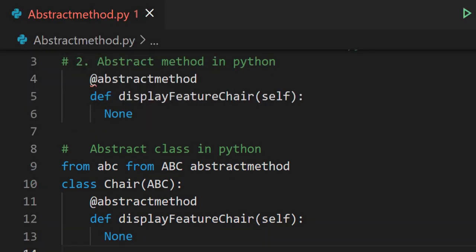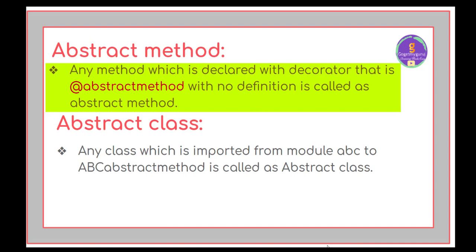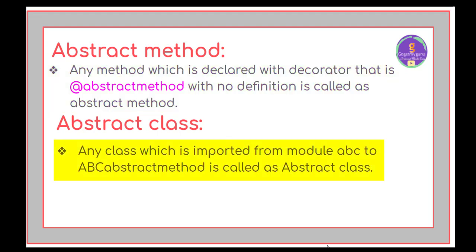Next we'll see the definition of abstract method and abstract class. Any method which is declared with the decorator, that is @abstractmethod, with no definition, is called an abstract method. And for abstract class, any class which is imported from module ABC and has an abstract method is called an abstract class.